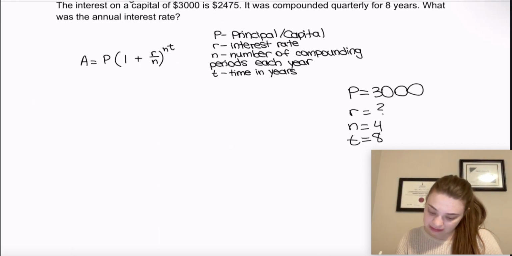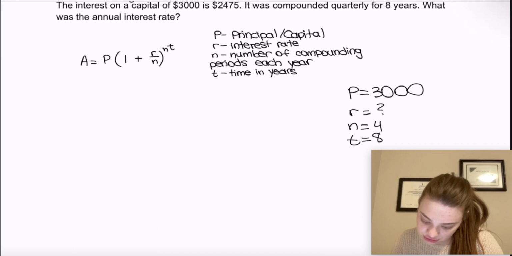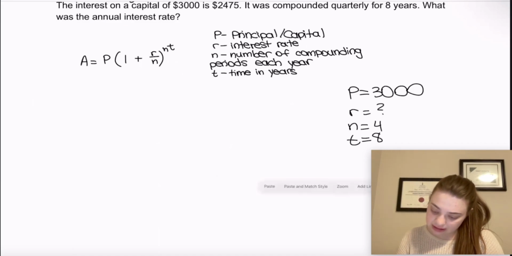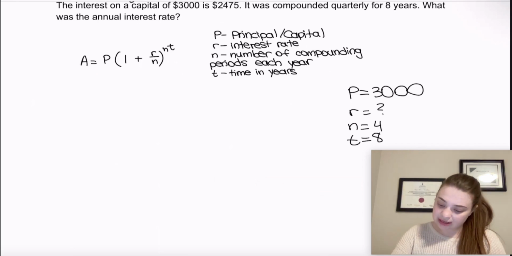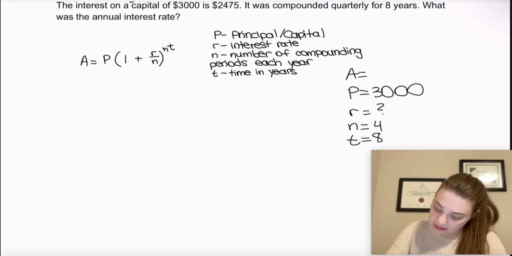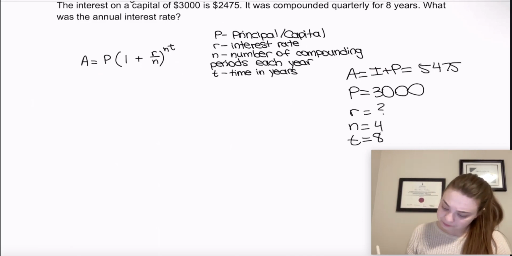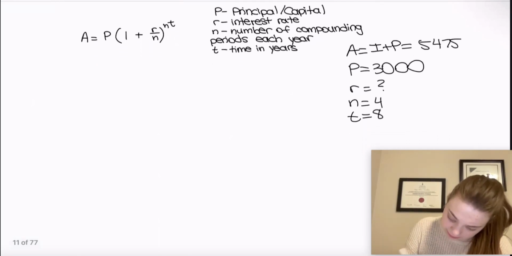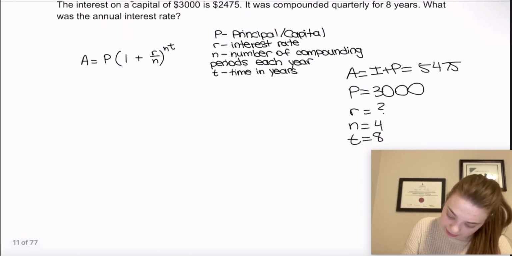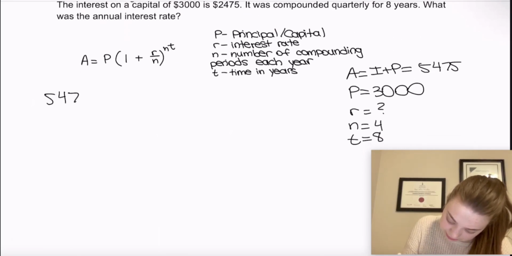And then it says that the interest on the capital is 2,475. So that means the amount, which is going to be I plus P, is going to be $5,475 because we're just adding the principal and the interest up for this one. So the total amount is 5,475.